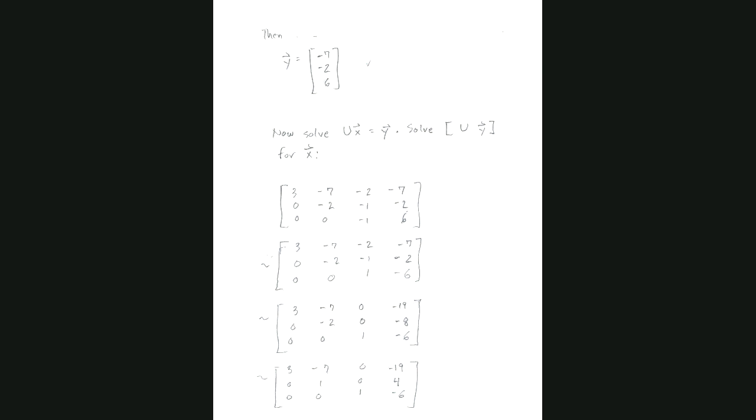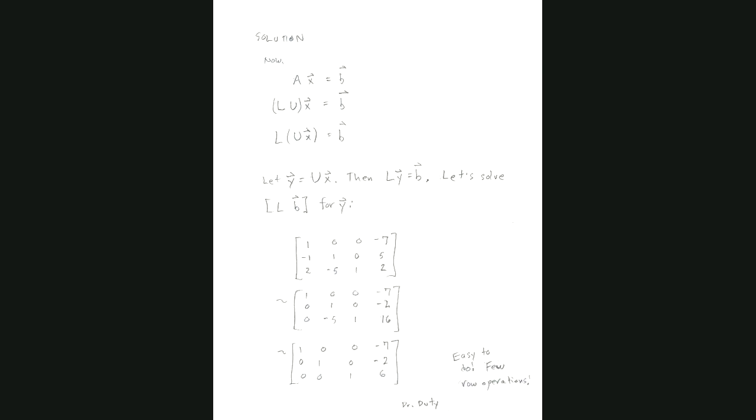But remember, if we go back here, we had let the vector y equal U times x, and we want to solve for x. X has our original variables x1, x2, x3. But now I know what y is.